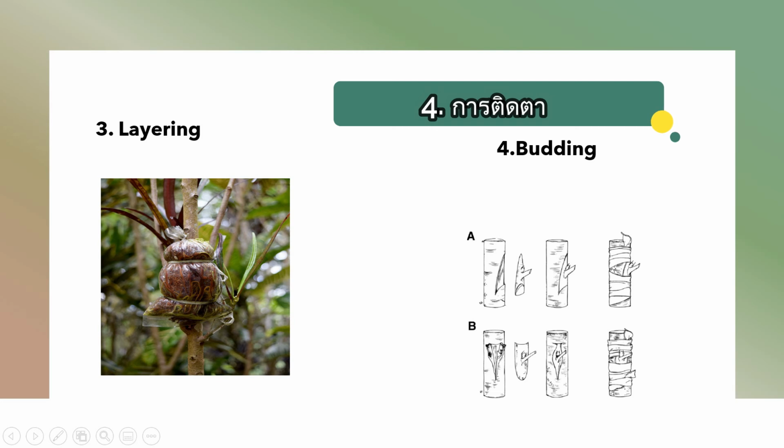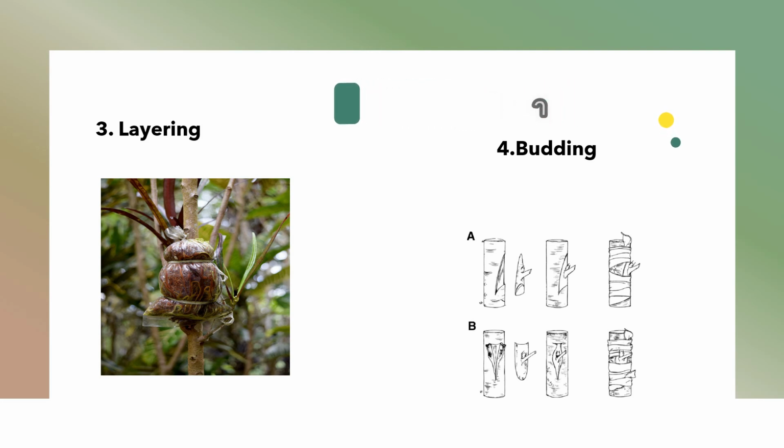You have to cut the stem, and after that put the bud in the trunk and cover it. After 7 to 14 days, you can see the plants grow.